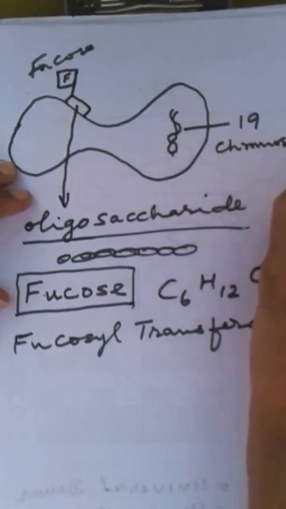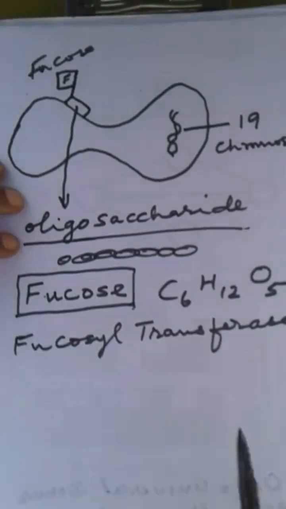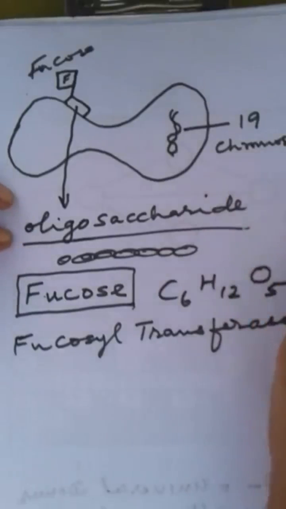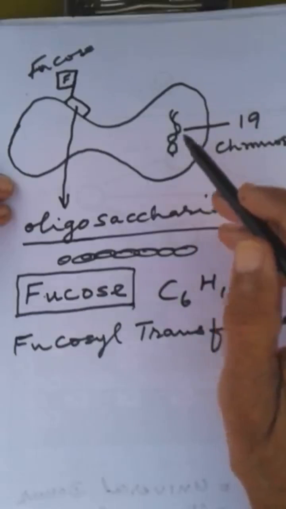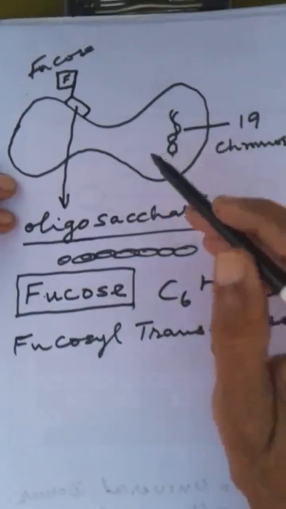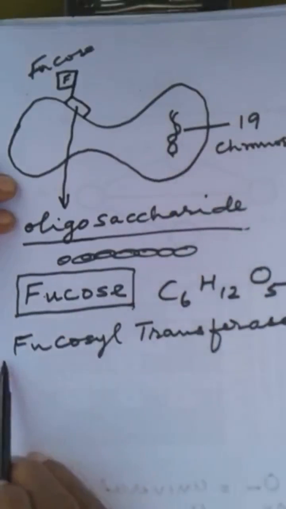The detailed study of this chromosome will come in the next classes. For the time being, just remember there is chromosome number 19, and from that gene, it expresses and fucosyl transferase is produced.